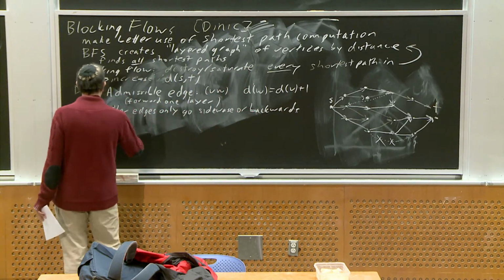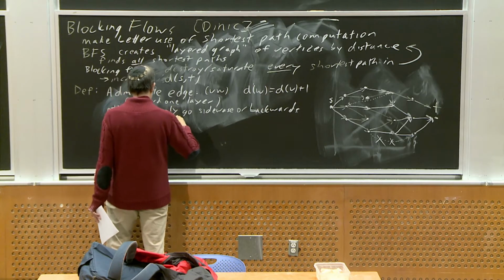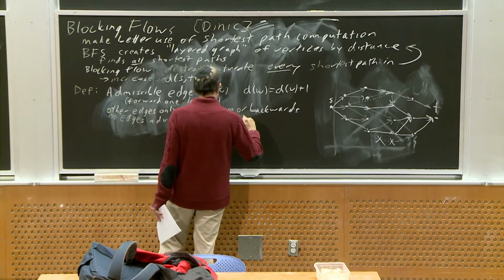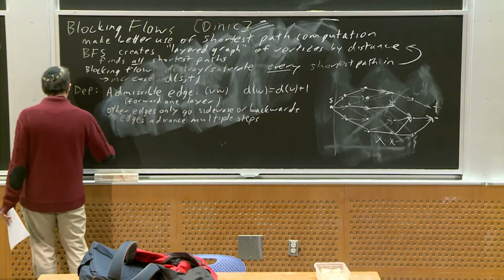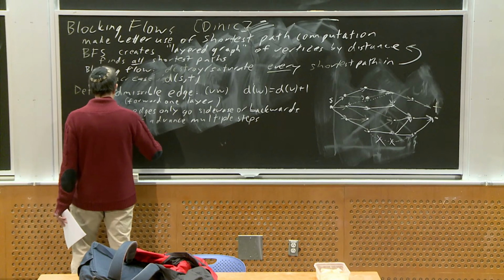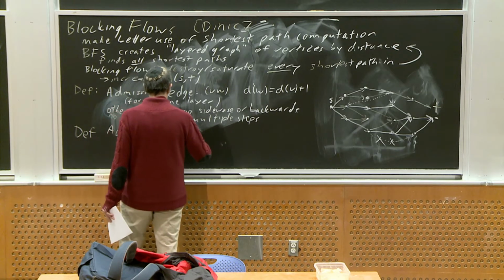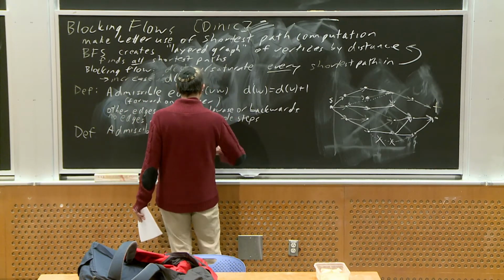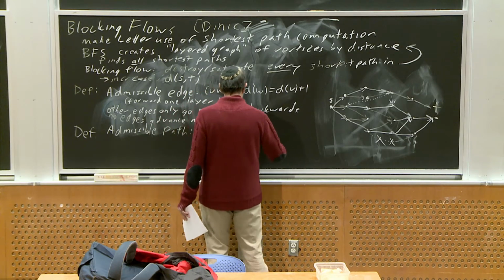No edges advance multiple steps. Okay. So now we're also going to define an admissible path, which has the obvious definition. It's an ST path of admissible edges.